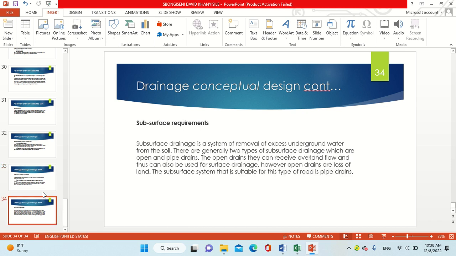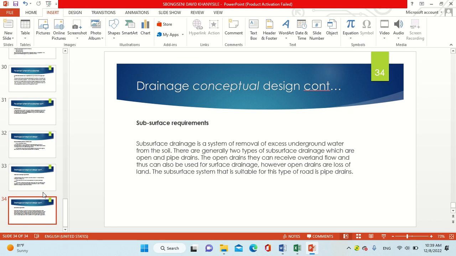Now let's look at the last one, which continues the drainage system design, the sub-base requirements. Subsurface requirements: subsurface drainage is a system for removal of excess underground water from the soil.